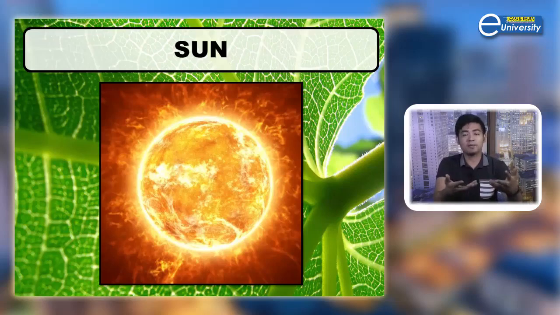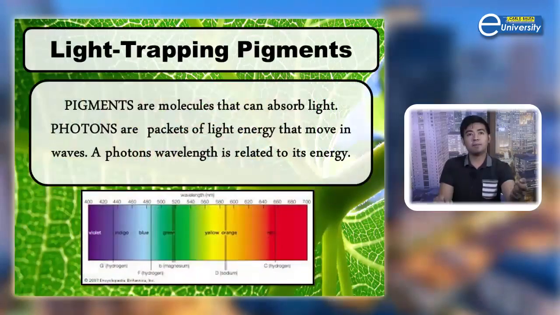How do plants collect photons from the sunlight? That is through the help of light trapping pigments. Pigments are the molecules or substances that can absorb light. As I said earlier, photons are the packets of light, or the particles of light energy, that travel as a wave, and photons have different wavelengths.